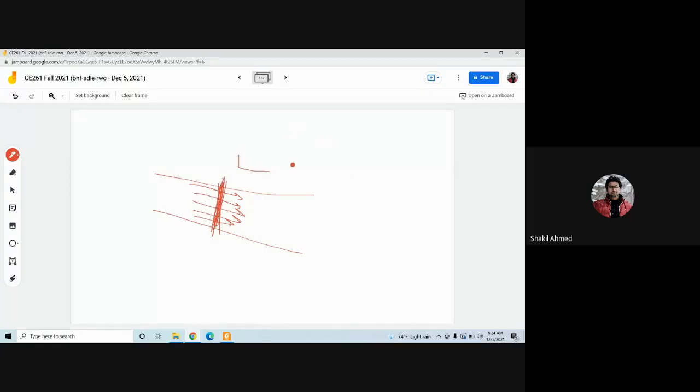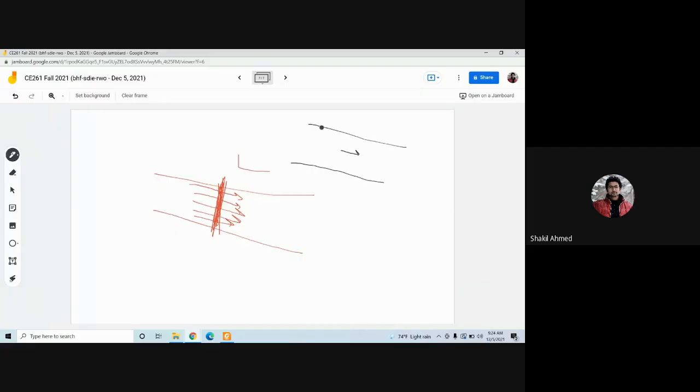But in case of turbulent flow, what is happening? In case of turbulent flow, we know that the viscous force is not dominating here. The inertia force is dominating here.